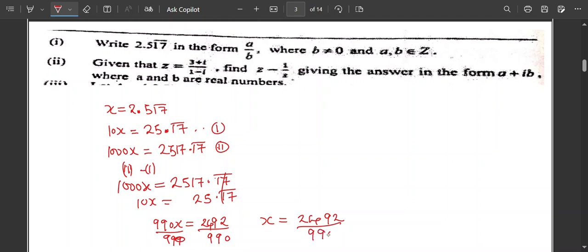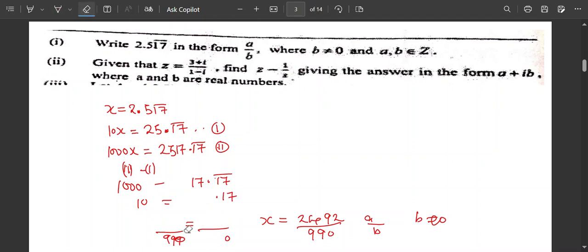So this is now in the form of A over B, and B is not equal to 0, since it is a number. That's how you solve such types of questions.